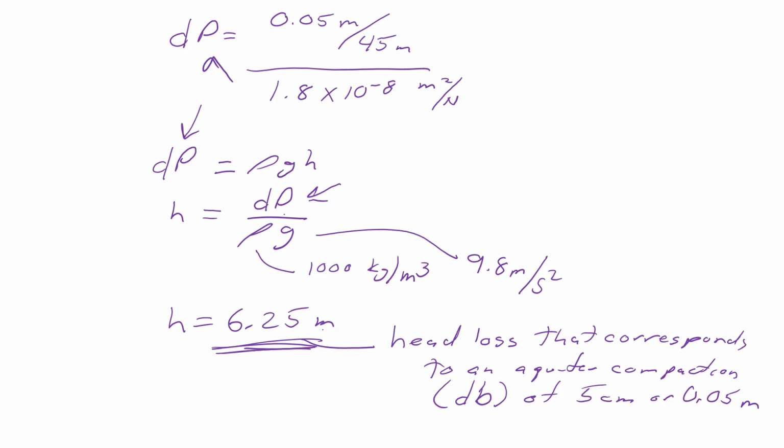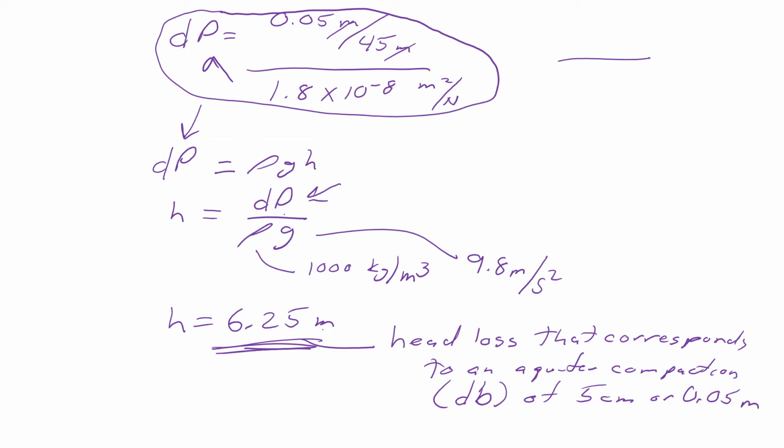So go through this equation. If you have any issues or if there's something you don't understand, if we go back up to the top of this slide, if you look at the units for this equation right here, meters canceled. So you have no units on top. It's just dimensionless.